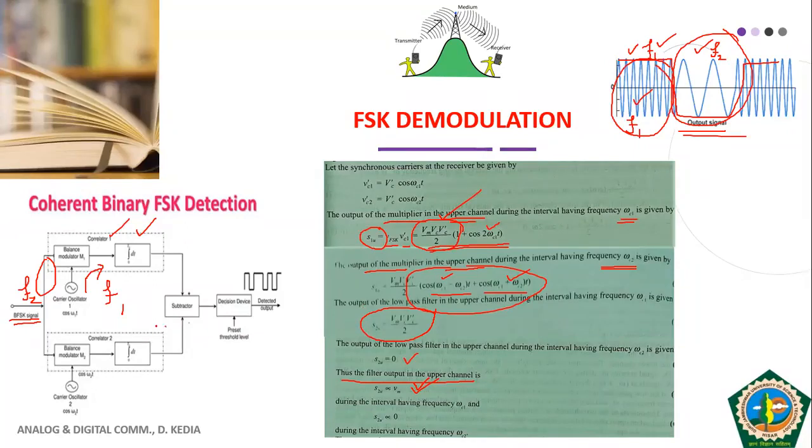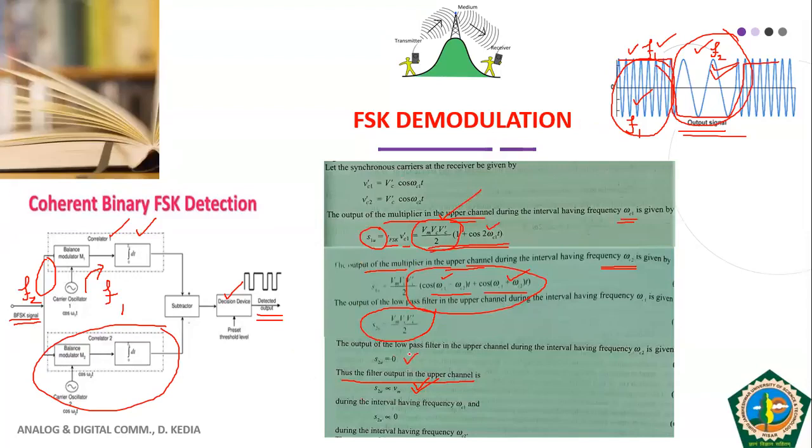Similarly, your lower branch will give you output corresponding to F2. This is how you finally get the demodulated signal, which you can compare with your threshold, and you get the output data or detected data for coherent binary FSK detection.